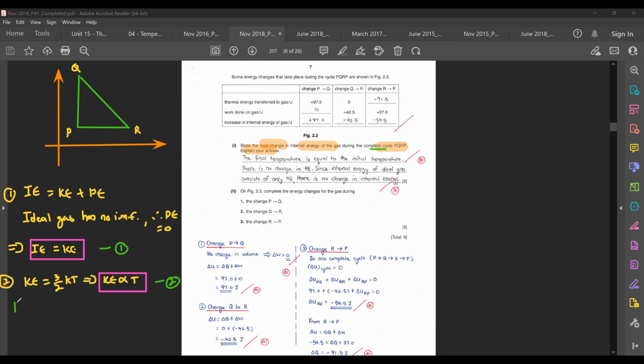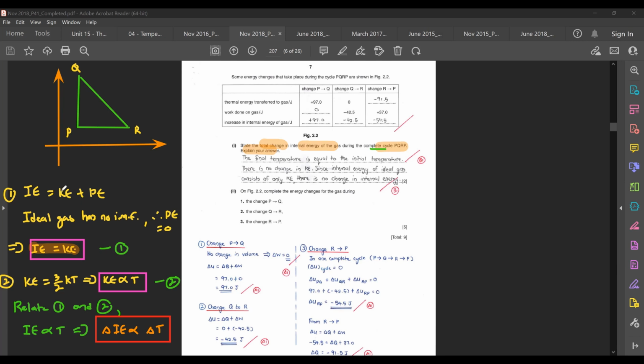If I relate 1 and 2, I will get internal energy is proportional to temperature, such that any change in internal energy must be proportional to the change in temperature. This is one relation that you will tend to use quite a lot. Internal energy change is proportional to your temperature change for an ideal gas. It comes from these two equations that you see above.